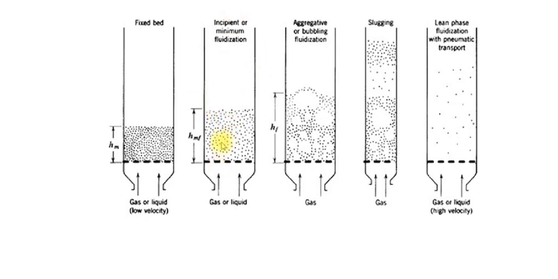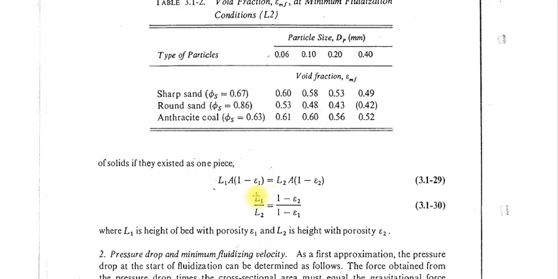It is not a moving bed, it is only the fluidization bed. So in this case, the overall volume of the solid particles will be the same. When you increase the velocity, the fluidization will start, but the overall volume of the solid particles remains the same. So you can correlate the length of the fluidized bed to the porosity. This is the first condition with length L1, this is the second condition with length L2.